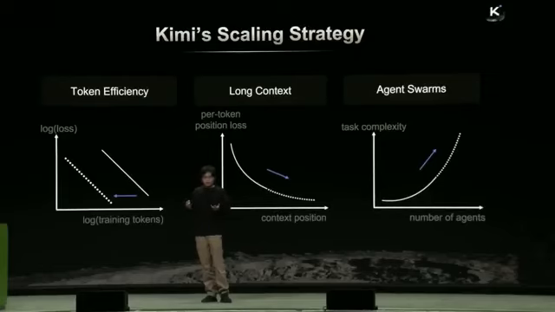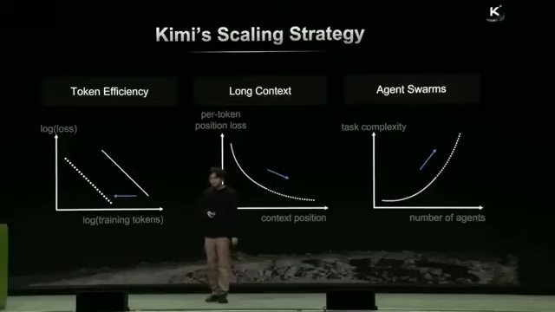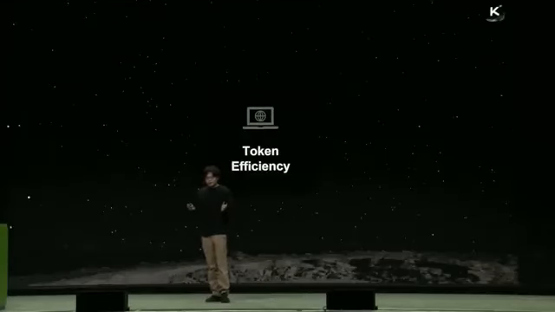And agent swarms are another dimension that adds to it. And at the end of the day, we're going to have a swarm of agents that each of them have a super long context, and each of them have a very strong prior for us to search in this entire agent RL system.